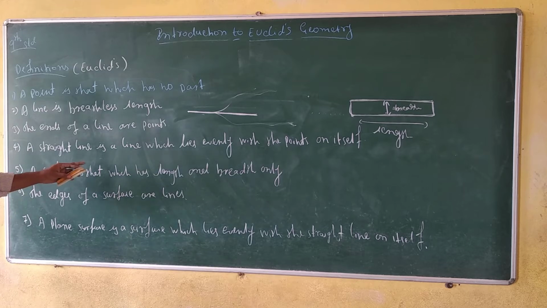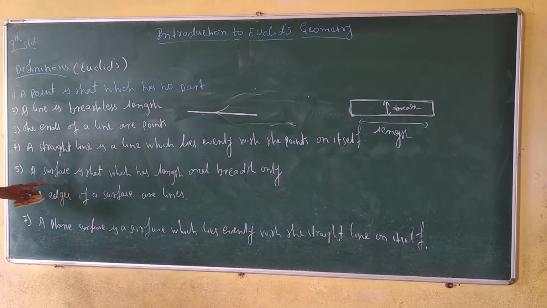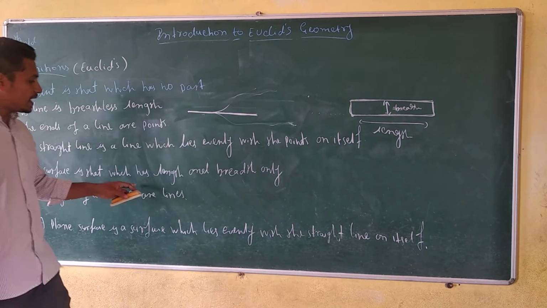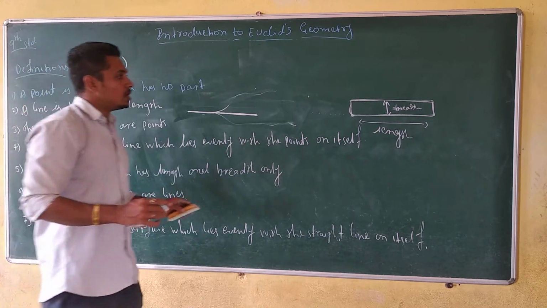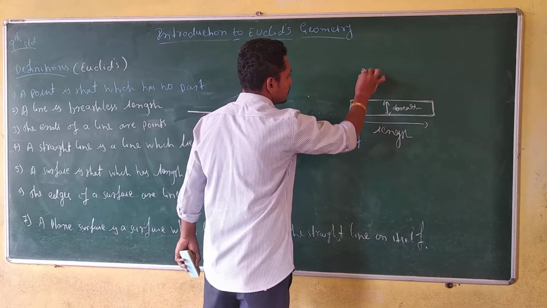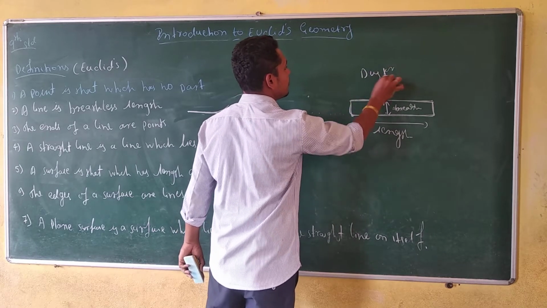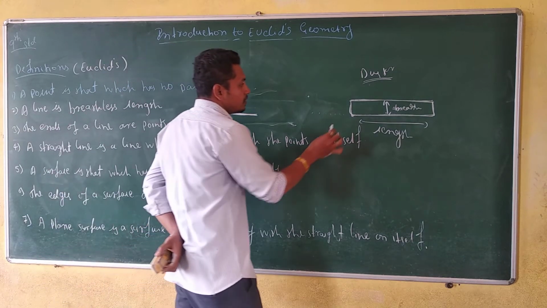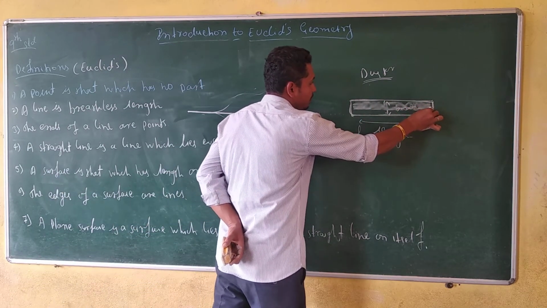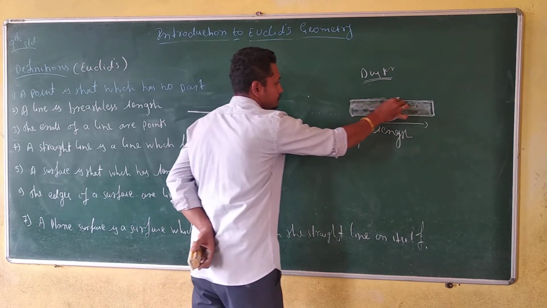Is it clear? Next, fifth one: a surface is that which has length and breadth only. Now come to this duster. This is an example, a duster, and this is the surface of that duster.